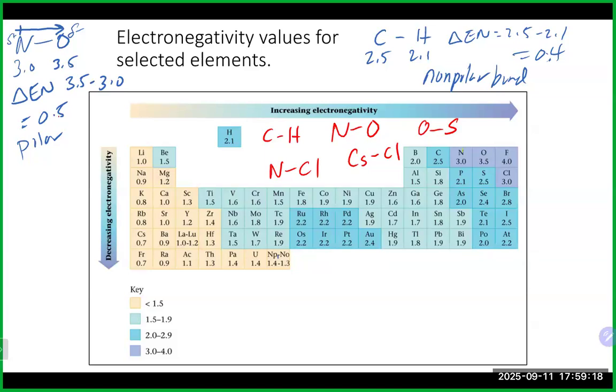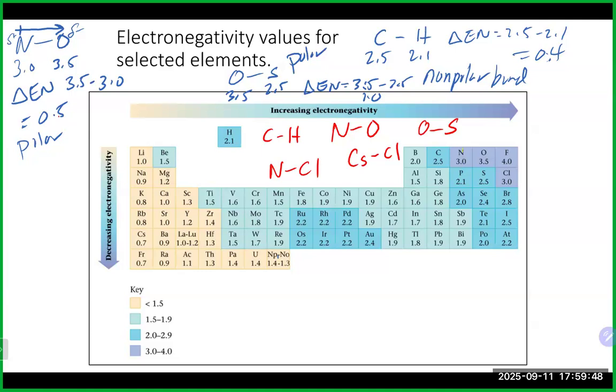Looking at sulfur and oxygen, or oxygen and sulfur. Oxygen here is 3.5 and sulfur is 2.5. So once again, difference in electronegativity, 3.5 minus 2.5, and that is going to give us 1 as our difference. That definitely is above 0.4, and that makes this a polar bond.